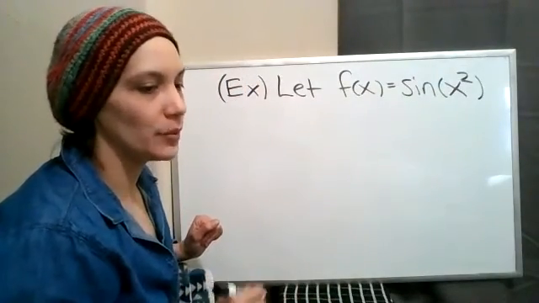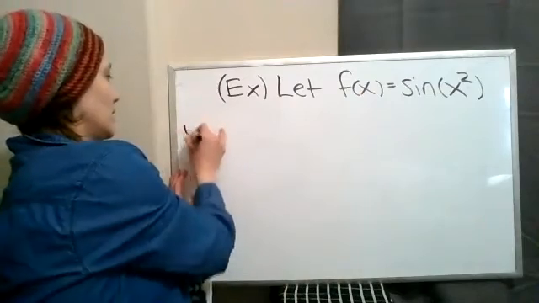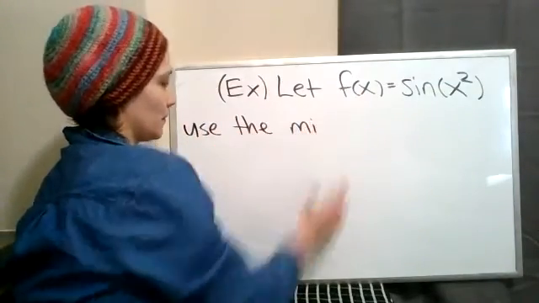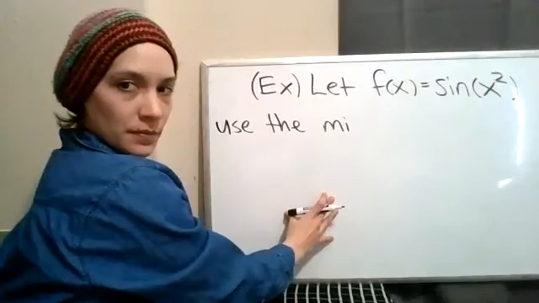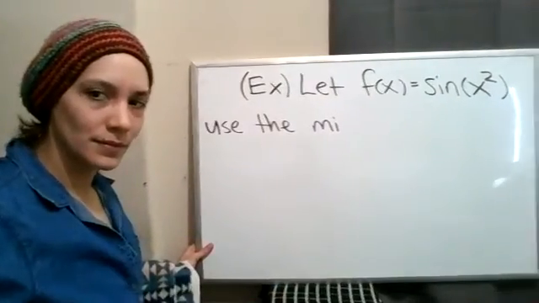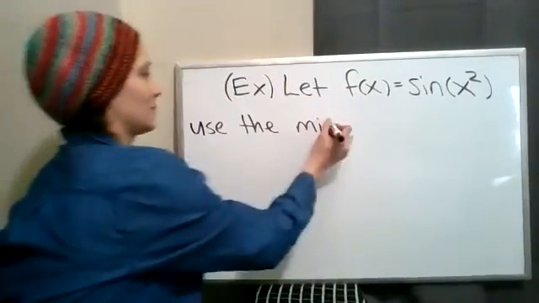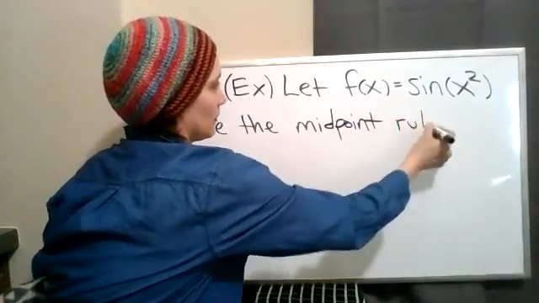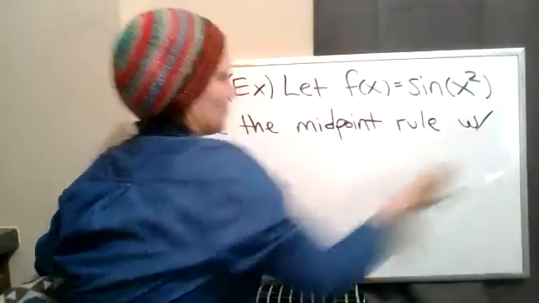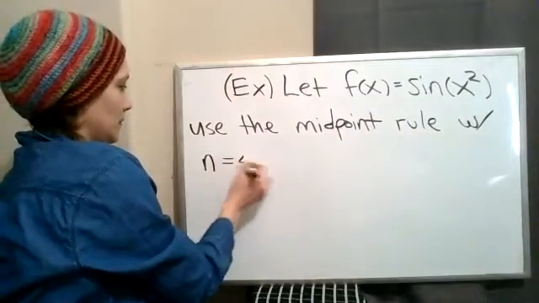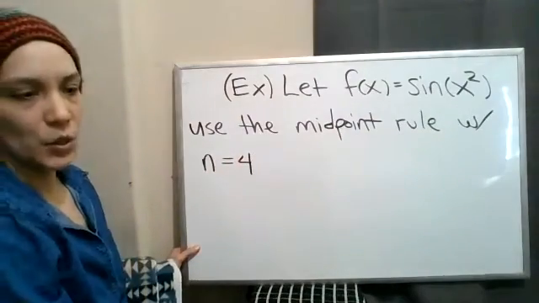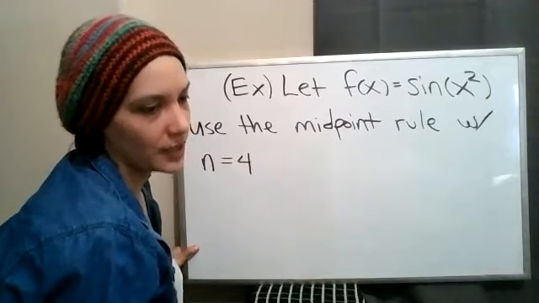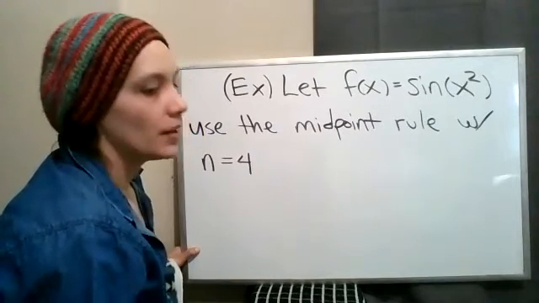Use the midpoint rule with n equal to 4 to approximate the area under the curve on the interval from 0 to 1/2.